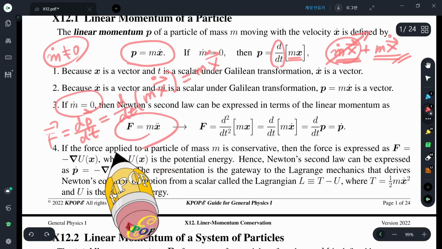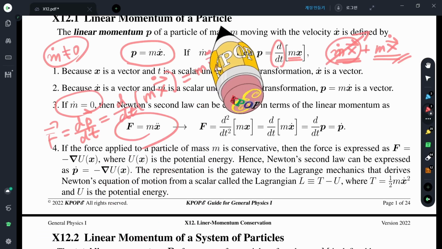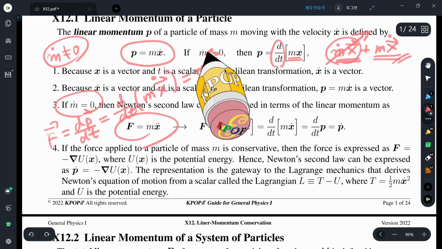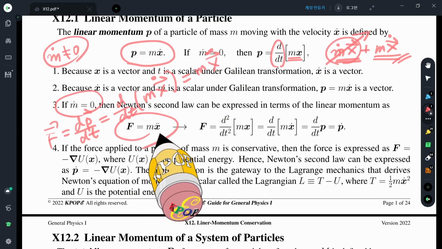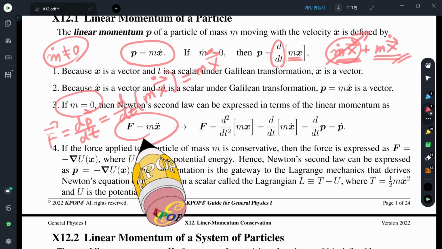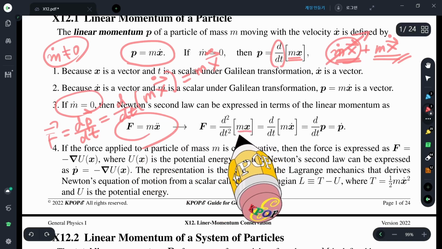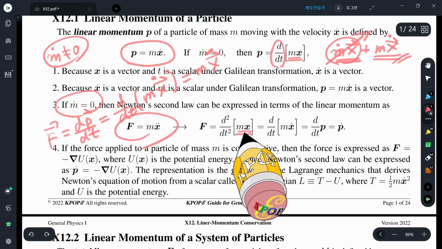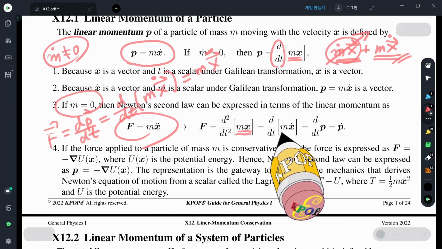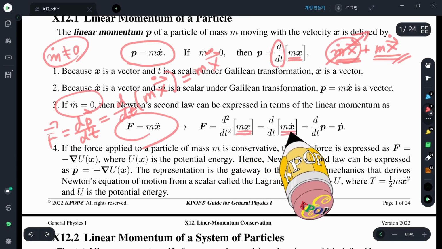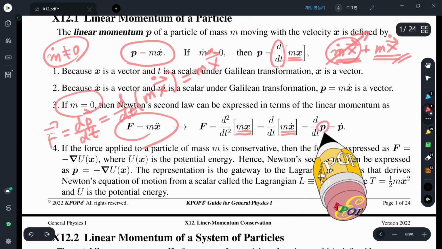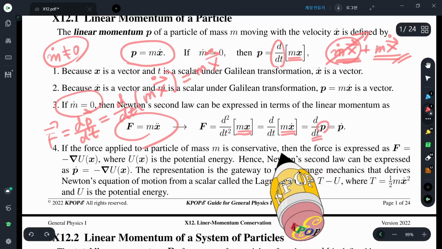Force can be expressed in terms of the product of mass and acceleration. Because m dot equals zero in our case, it is just the double time derivative of mx, or a single time derivative of m x dot. That is the momentum's first order time derivative.